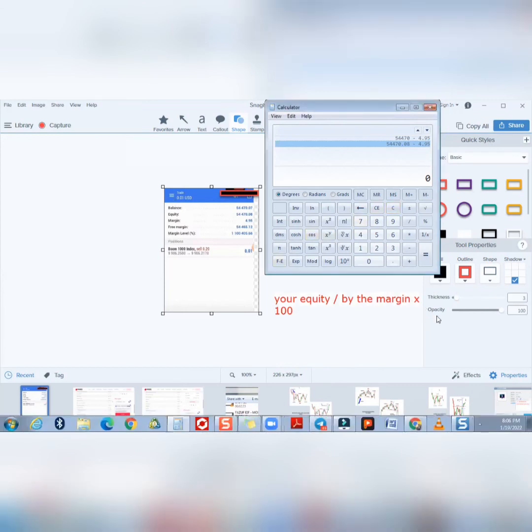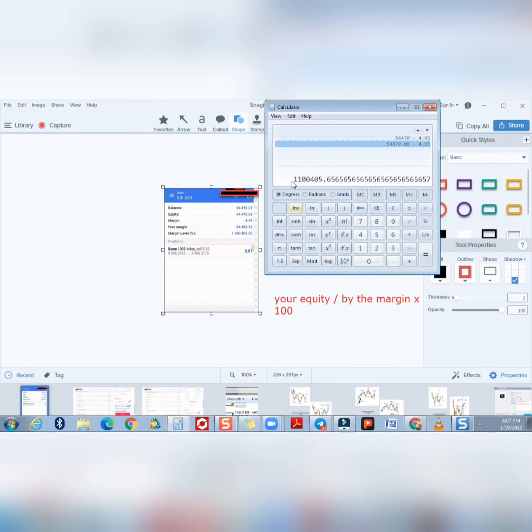So the equity was 54,470.08, right? Divided by the margin, which is 4.95, then times 100.